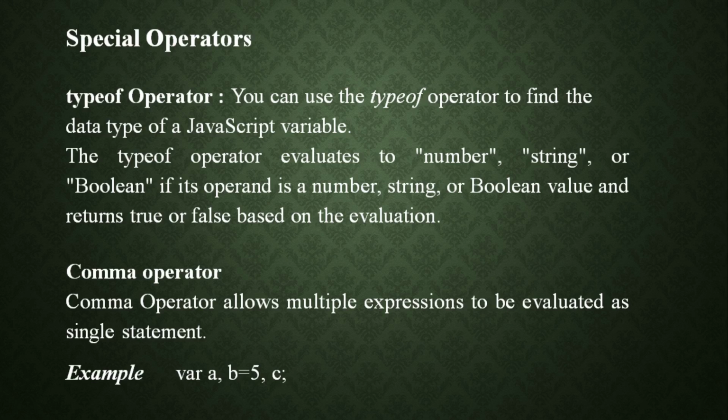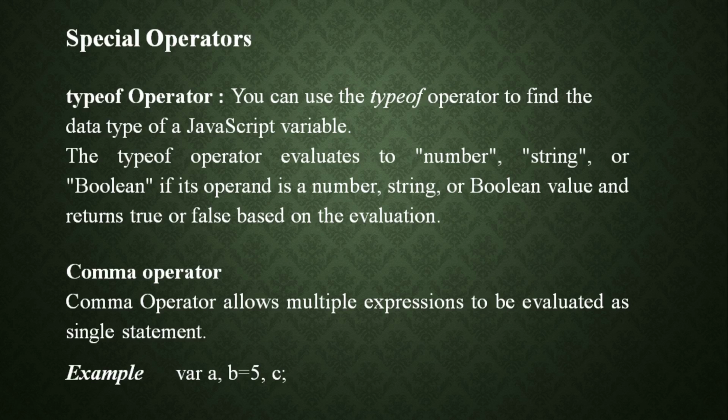Next operators are special operators. typeof, comma. You can use the typeof operator to find the data type of JavaScript variables like numbers, strings, booleans. For this we use the typeof operator.